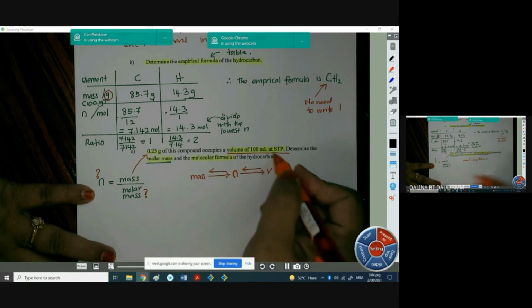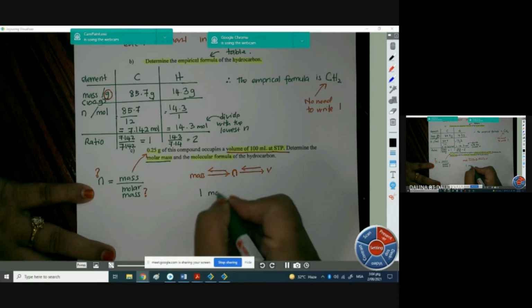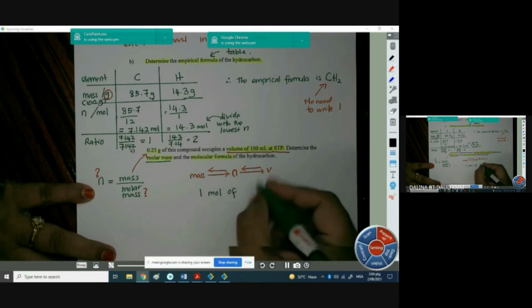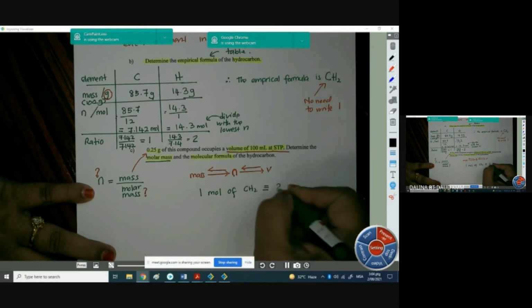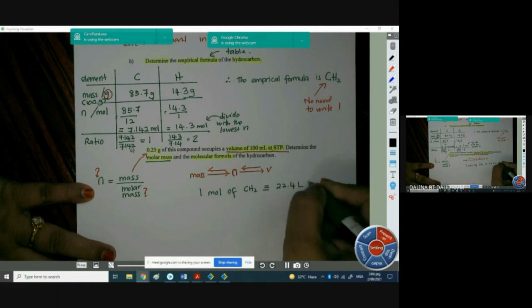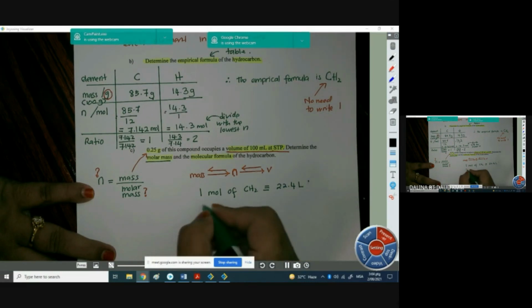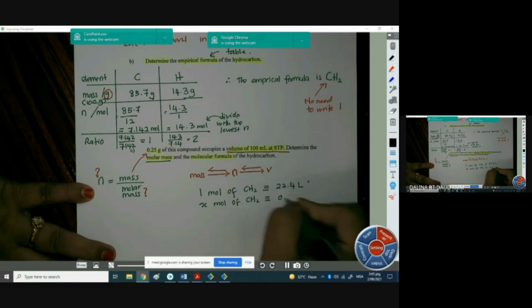Mol tu adalah perantaraan. So dalam kes ni kita nak cari mol and then kita tahu volume. So the theoretical we know that 1 mole of any gas, so here the gas of CH2, it will occupy 22.4 liter. So now we do not know how many mole of CH2, but we know it will occupy 0.1 liter.